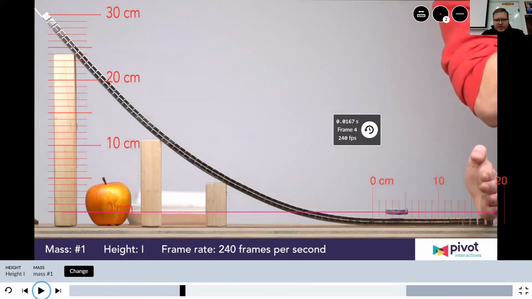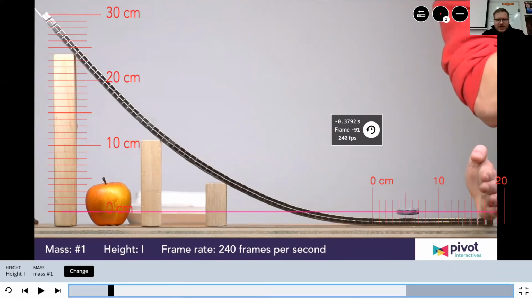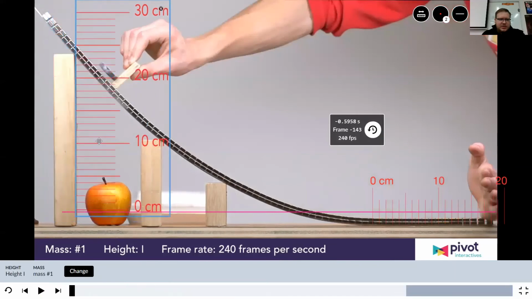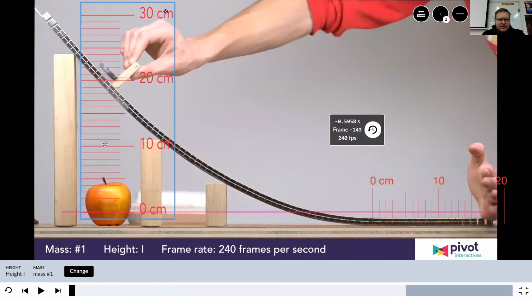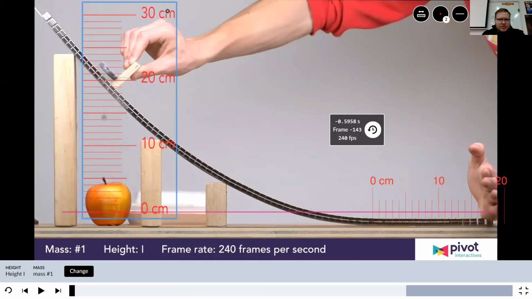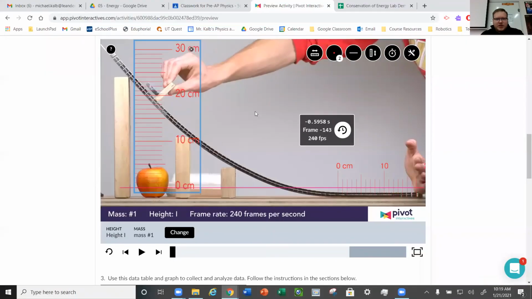All right, so in this case, looks like, yeah, there was a consistent height. So we don't have to move our zero line to account for that. So if we rewind this back to the beginning, move that scale over. We've got here, that's 21, looks like 21.5 centimeters measured to the middle of the puck.